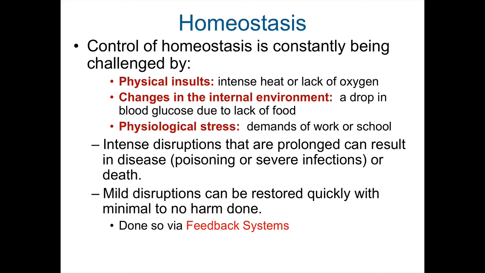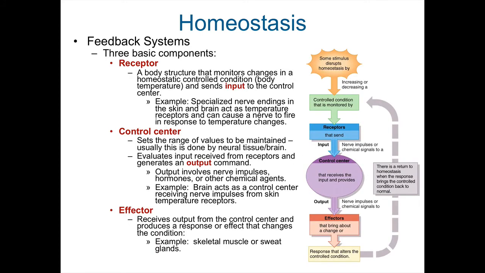Now, when we talk about homeostasis, we're going to talk about feedback systems. I like to explain this image because anytime you have homeostasis, you have to have a complete circuit. The first key player in the circuit has to be a receptor. A receptor is a structure of some kind.